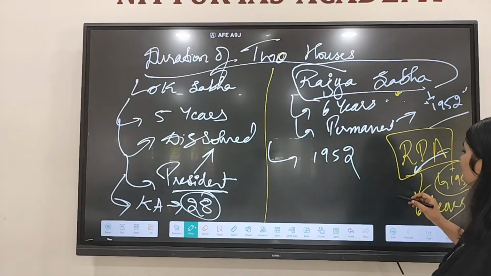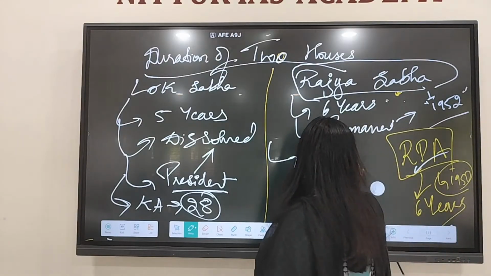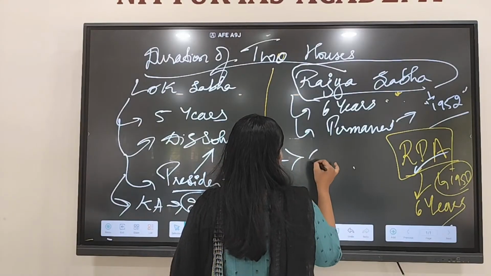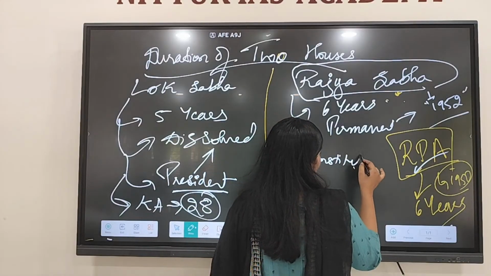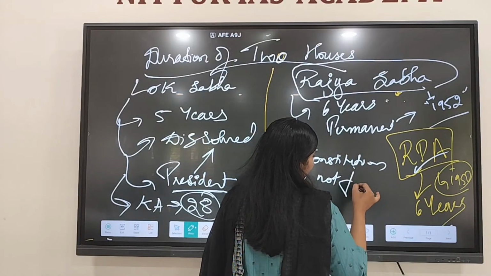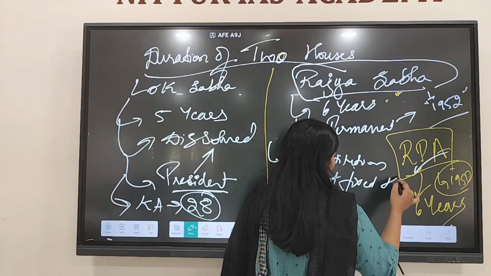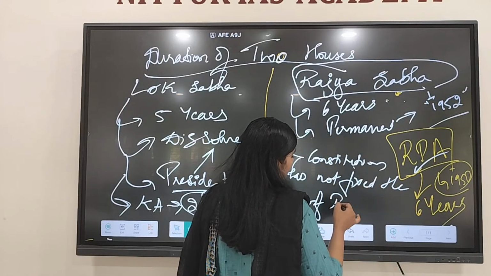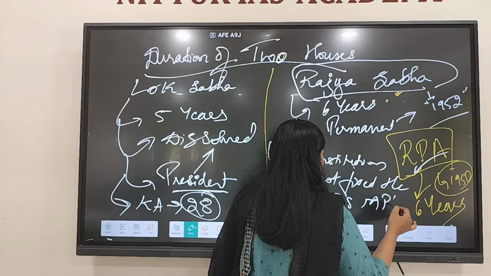Okay, just write down. Constitution has not fixed the tenure of Rajya Sabha MPs.